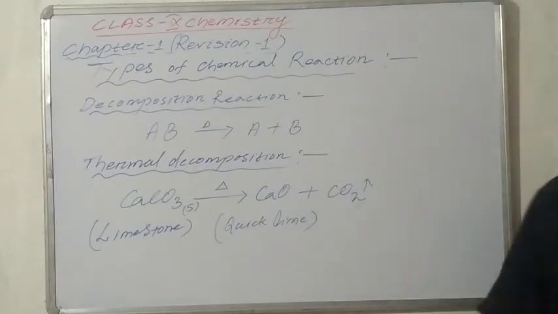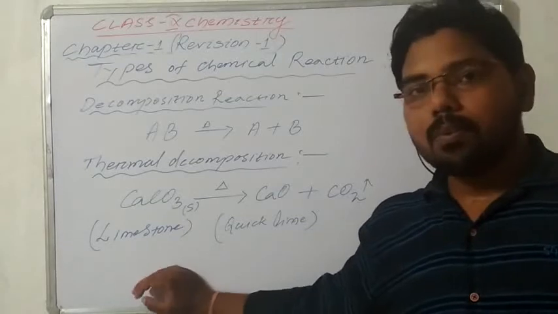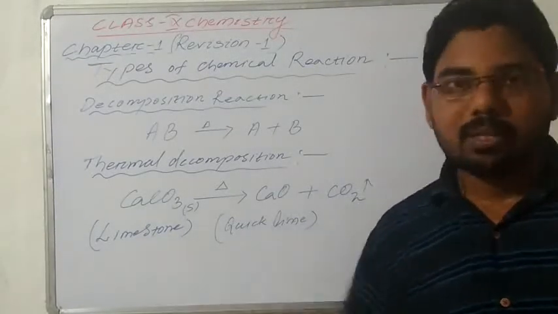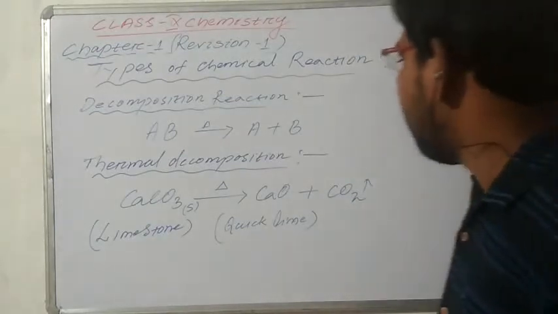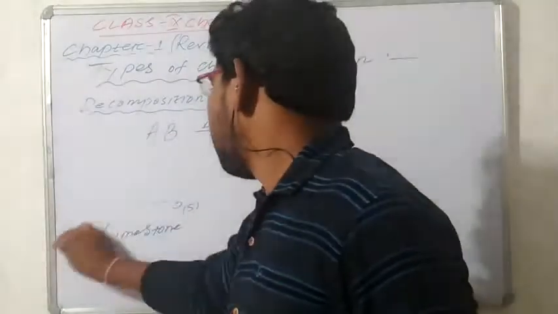This individual reaction we have already discussed. You have two more examples, then you can go through the video on that individual part. Next, the second type of decomposition reaction is the photochemical decomposition reaction.